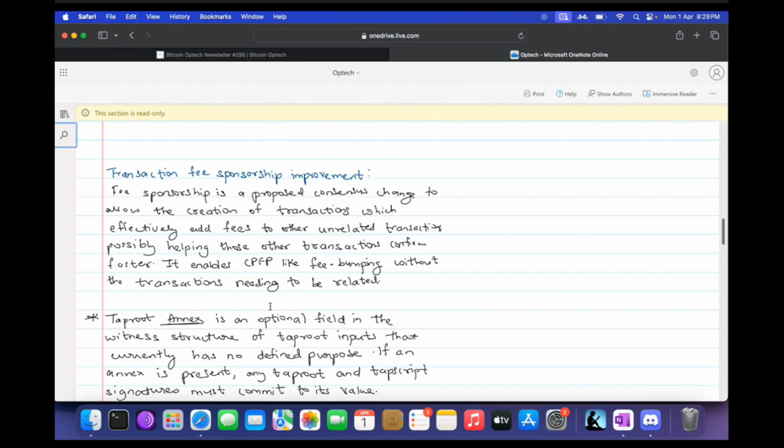There's a field or a placeholder called annex in the witness data of a Taproot transaction. It's a placeholder. I see this as pretty analogous to OP_NOPs. We have OP_NOPs in Bitcoin, which are placeholders.